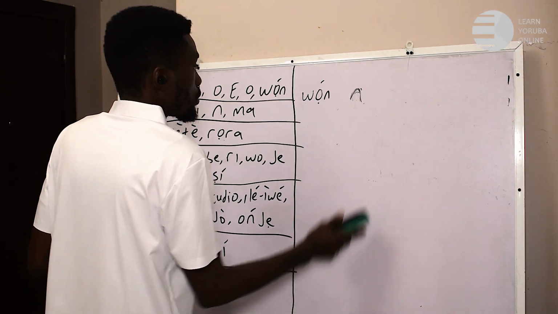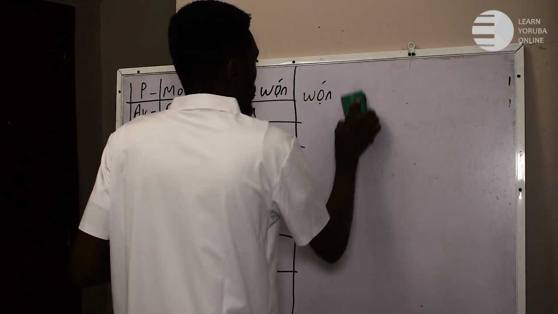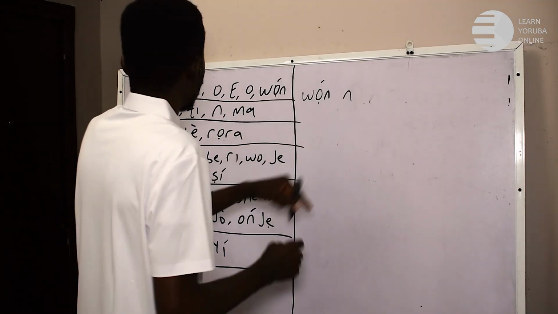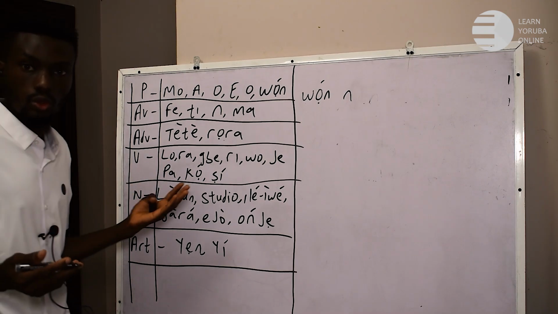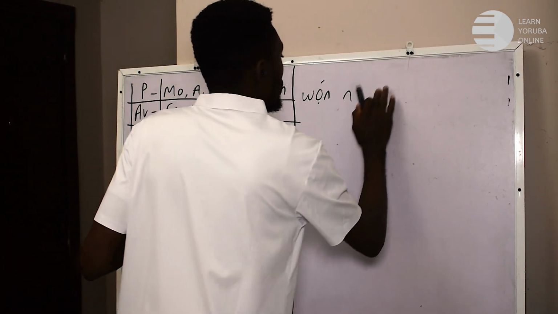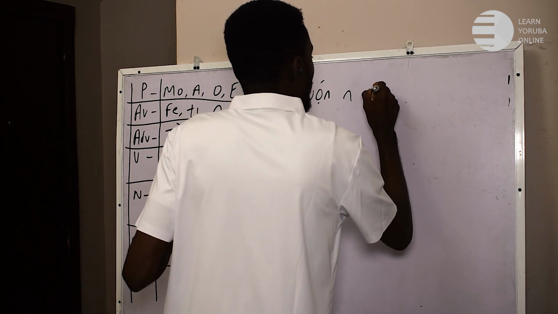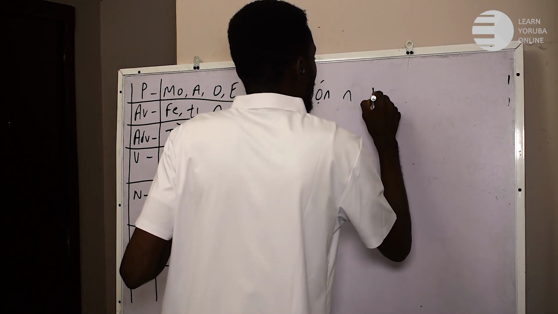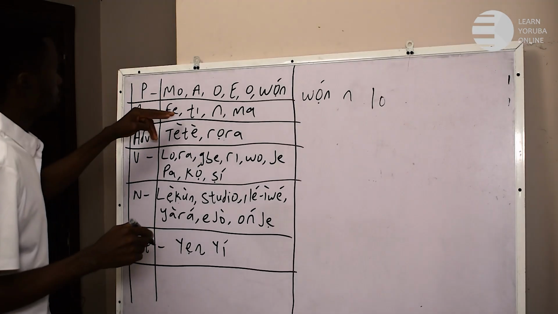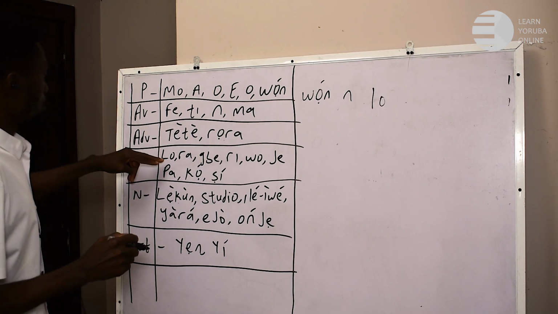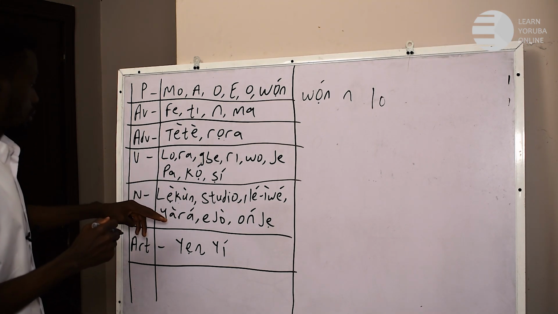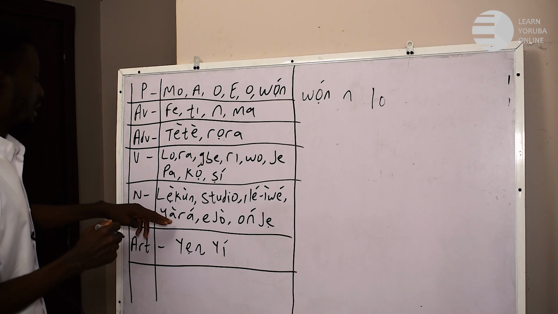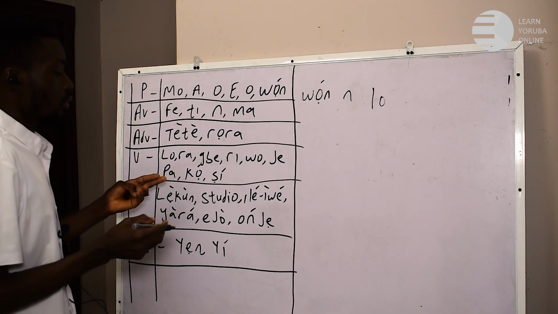So let me just continue with this. Wọ́n lọ, we can use go. Wọ́n lọ. Wọ́n ń lọ yàrá yẹn.